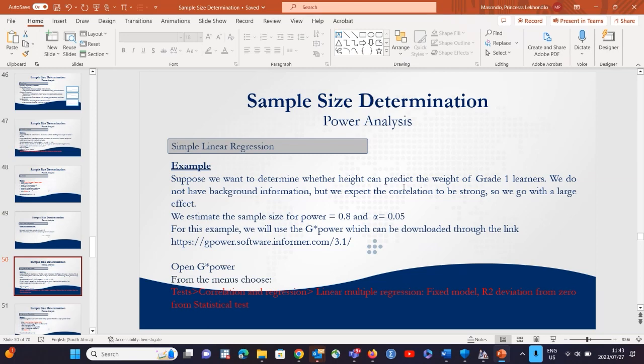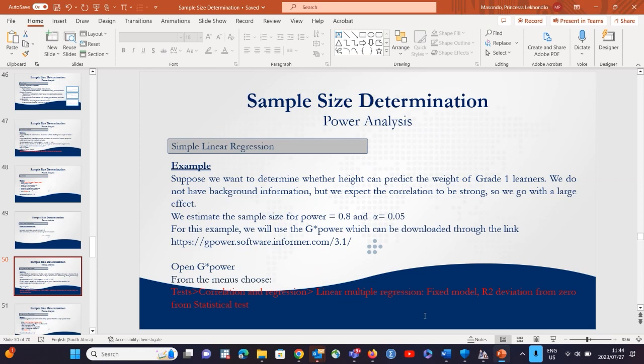So when the weight increases by a kilo, the height increases by, or the other way around, maybe. Yes, when the height increases, because these are maybe grade 1 learners, maybe you'd want to measure them using centimeters. So when it increases by 10 centimeters, the weight increases in this particular way. So you're able to quantify.